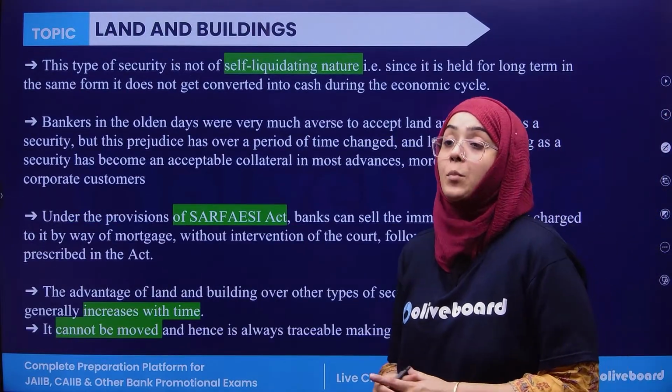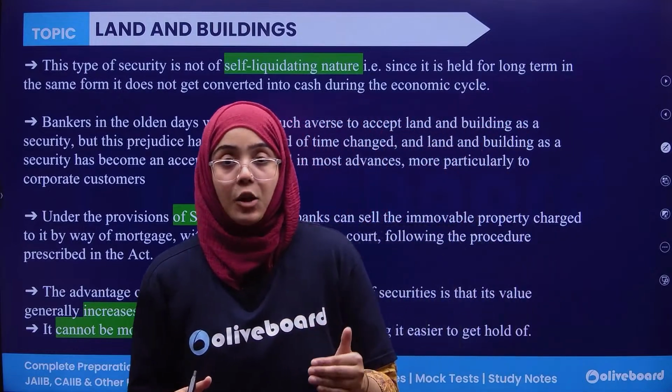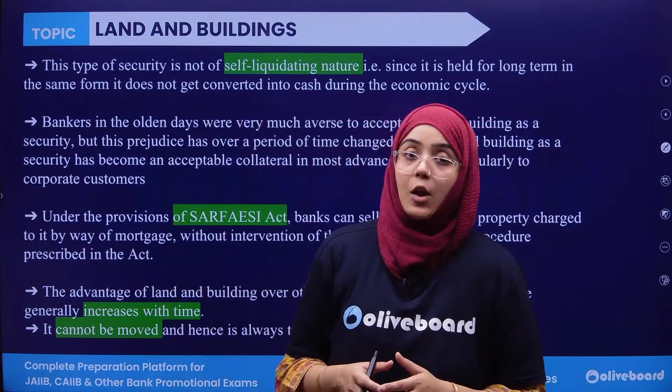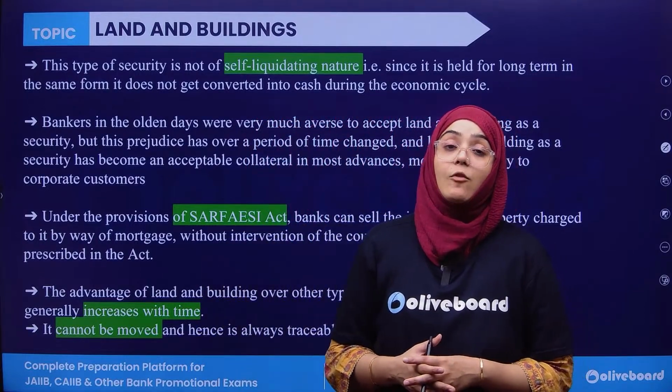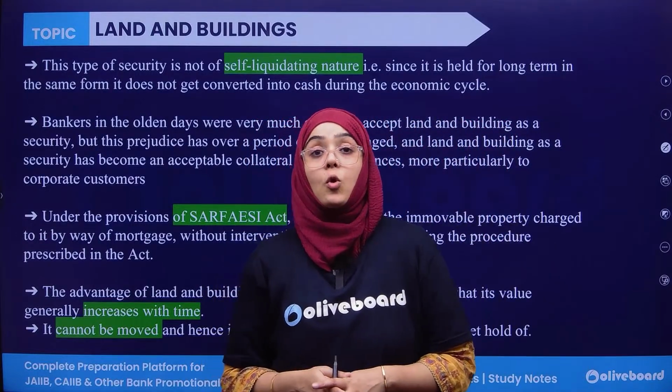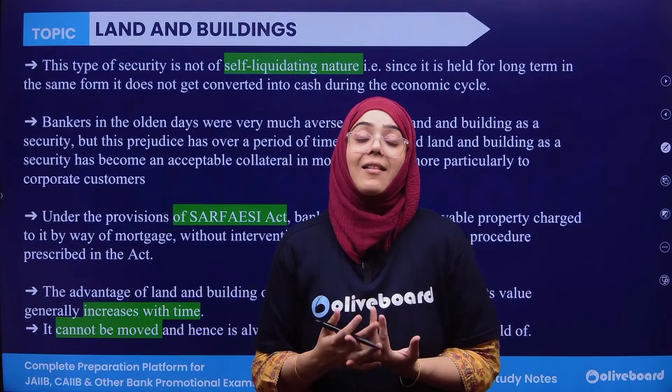Land and building are often given as security or collateral for a loan. In early times, before the introduction of the SARFAESI Act, the bank was very hesitant to take land and building as security. Why?